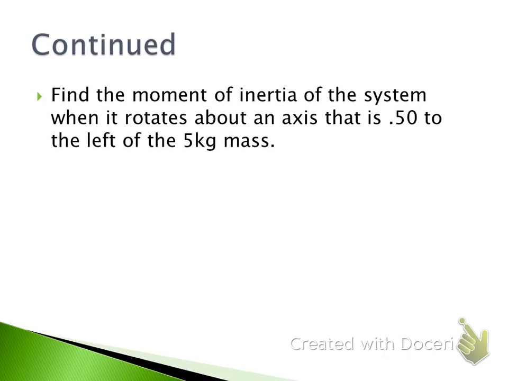Find the moment of inertia of the same system if it rotates about an axis that's 0.5 meters to the left of the 5 kilogram mass. So now we're not spinning it from the center, we're spinning it from basically the end of one of those. Let me redraw kind of what that might look like.